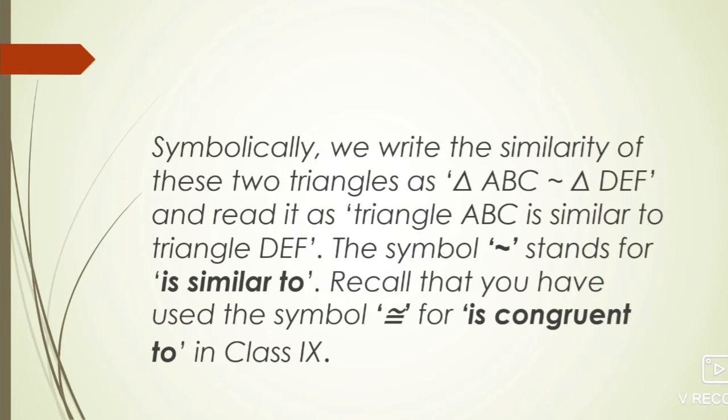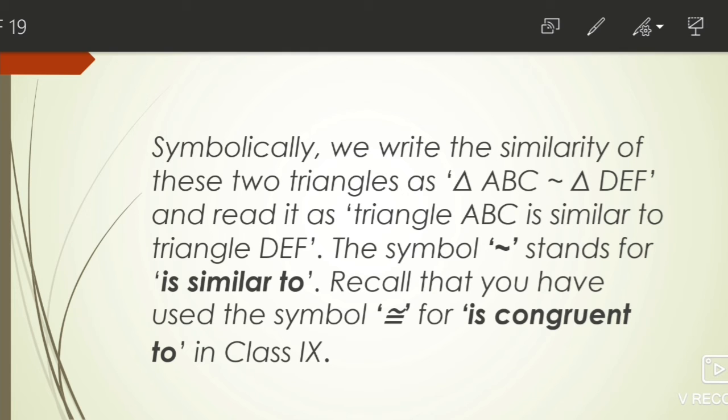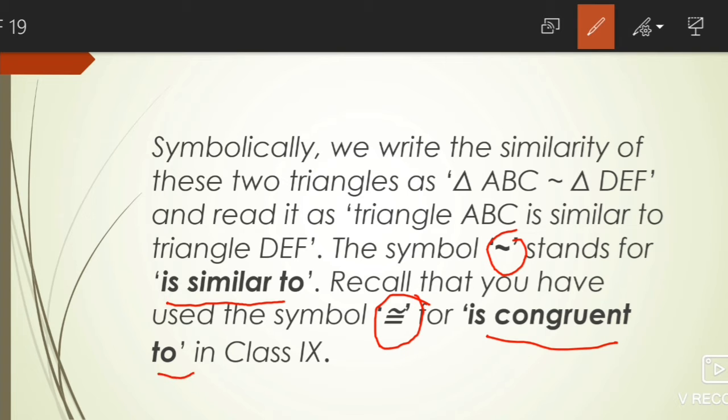Now, symbolically, we write the similarity of these two triangles as ABC is similar to DEF. This symbol represents "is similar to", but this symbol represents "congruent to". In class 9 we proved the congruency of two triangles, right?